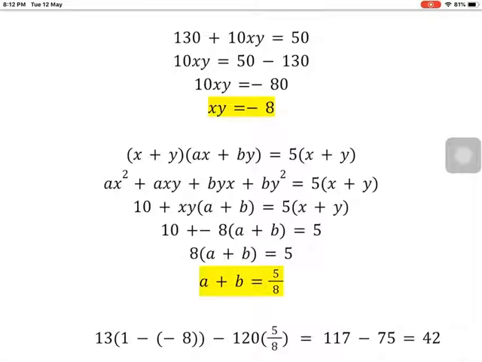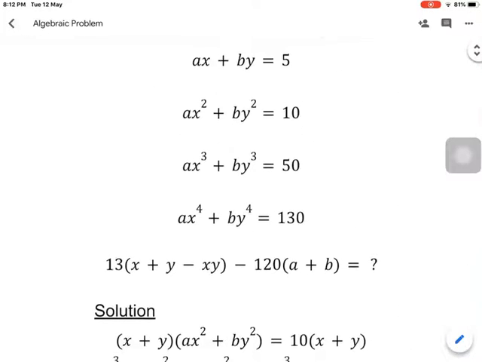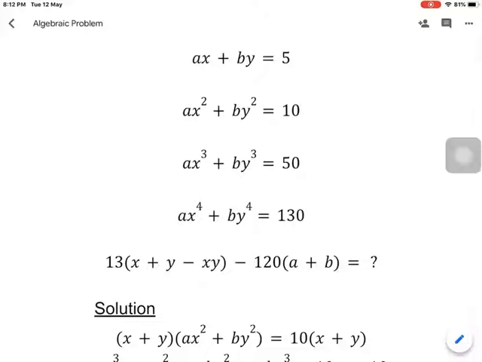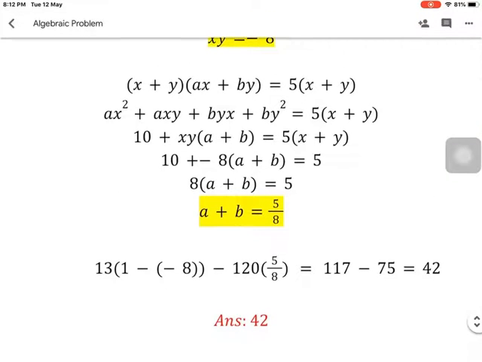So now we can solve the original problem statement in the question. So the original problem statement is 13 times x plus y minus xy minus 120 times a plus b. So x plus y, we already know, is 1. And the product of x and y is negative 8.